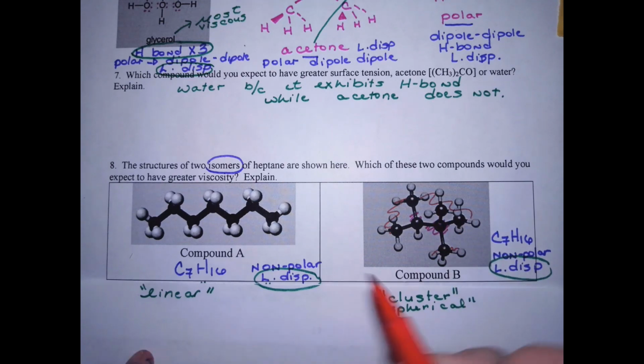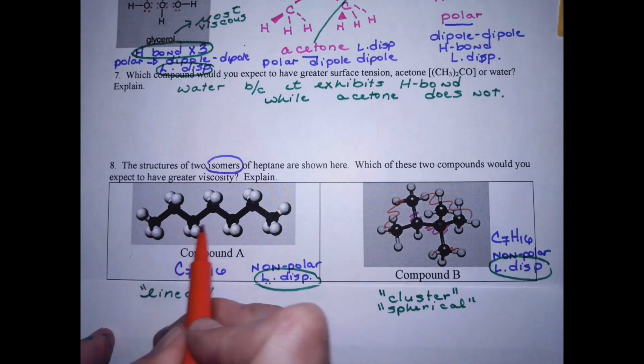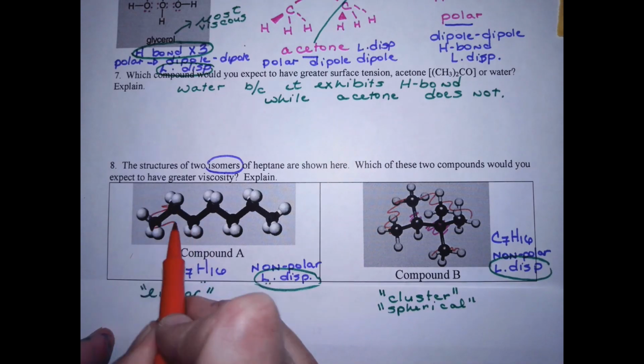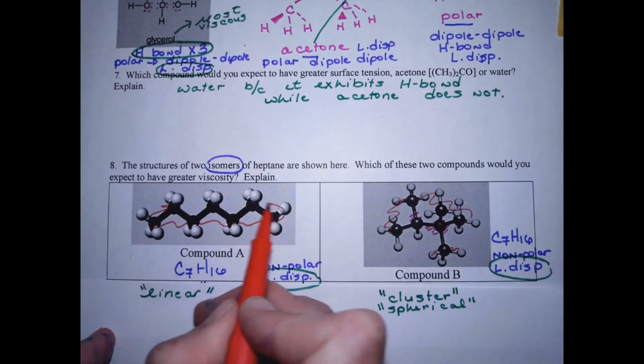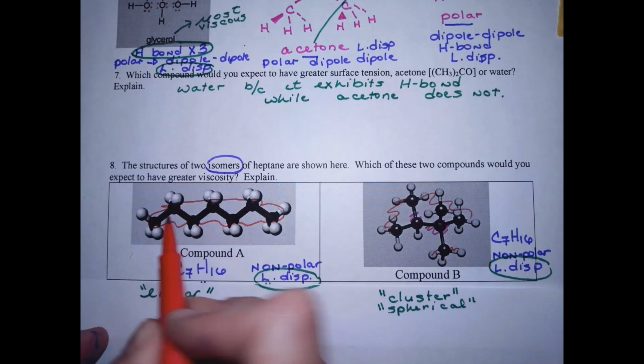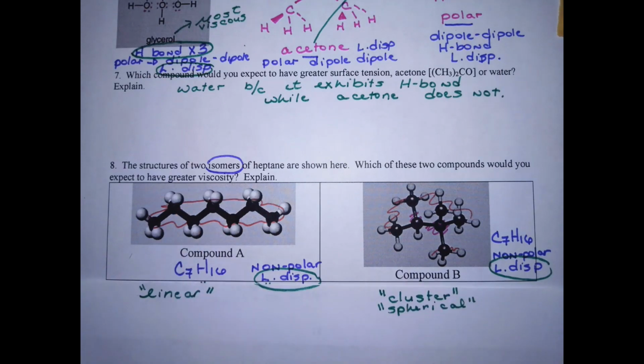Here we don't have any hidden electrons. All of the electrons are at the surface of the molecule. They're all in a position where they can interact with other molecules. So the rule of thumb is that spherical or more cluster-like compounds will have smaller London dispersion forces, all other factors being equal.